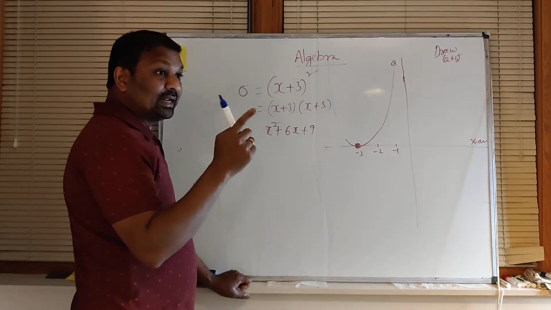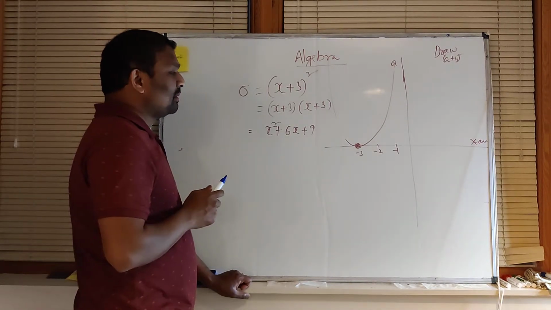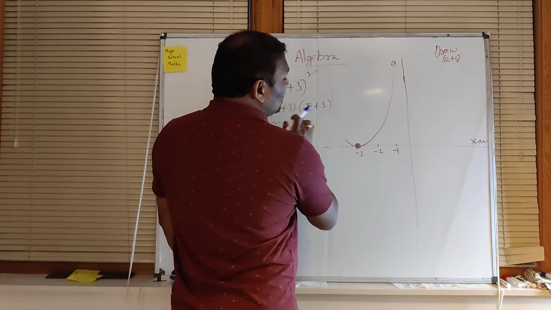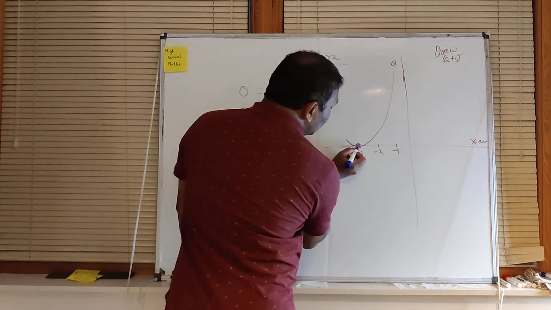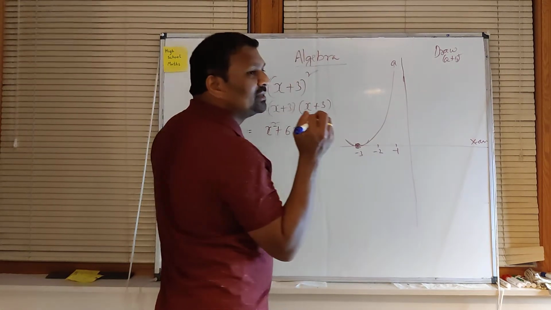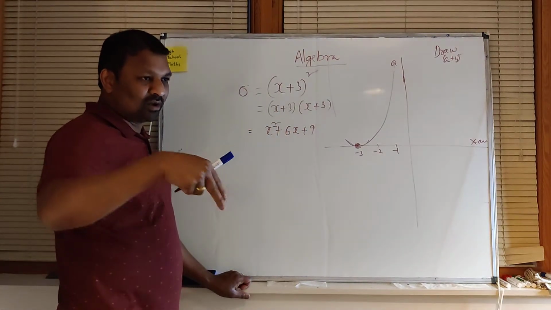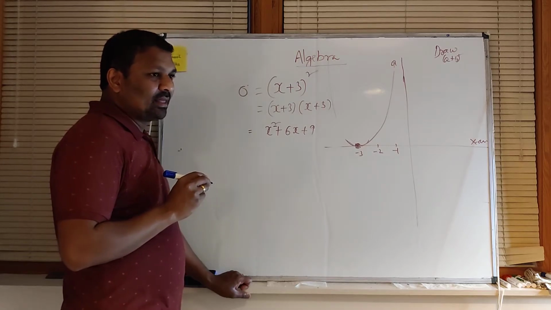That means it cuts the x-axis 2 times. But in this case, the roots are the same, which is why it touched it and bounced back. The touch and go can be considered as 2 crossings. It just touches the x-axis and goes up.